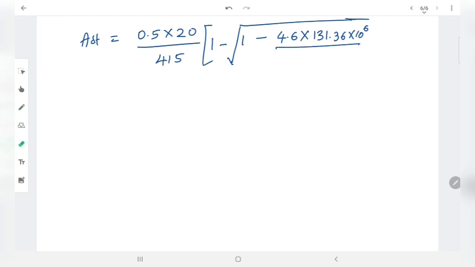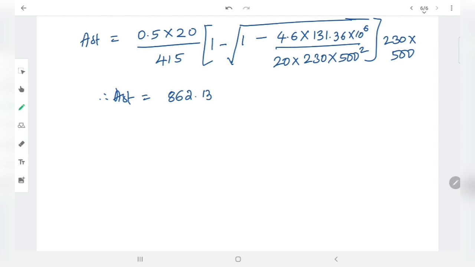FCK is again 20, B is 230, D is 500 square, into bracket BD, again 230 into 500. When you solve this equation, you'll be getting AST equal to 862.13 mm square. This is the AST required value.